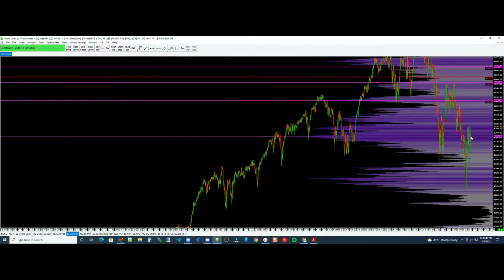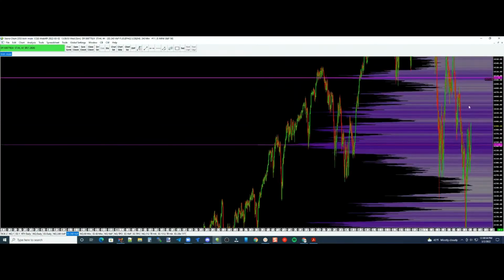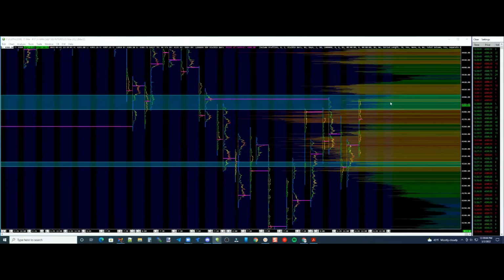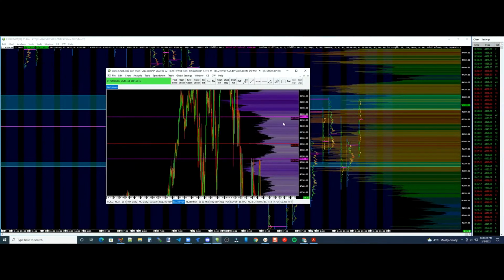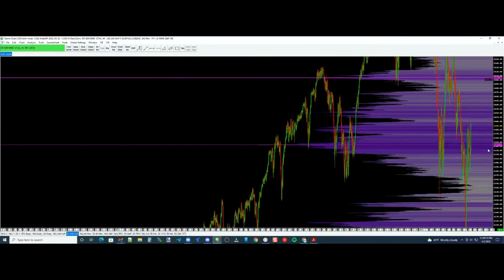Now, the question is, are we going to break from this high volume node through this low volume and ultimately start trading through this high volume? Right now, we've just dipped the toe into it and fallen back underneath. We can see that on a shorter time period here. But in your overall analysis with volume by price, you can see that we've just been rotating all around 43.25 and haven't been able to get away from it.